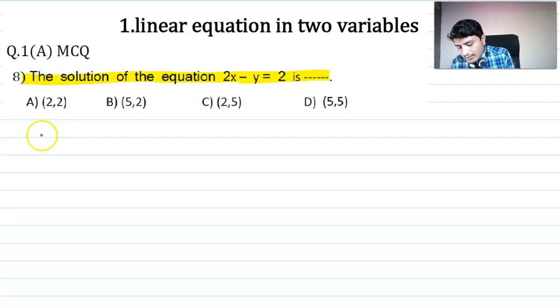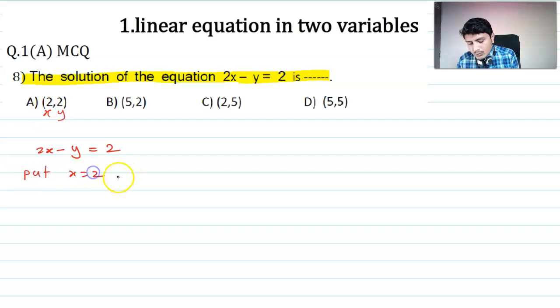So we have the equation 2x minus y equals 2. Now look at choice code A. We have x is 2 and y is 2. Let us put x equals 2 and y equals 2 in the LHS of the given equation, which is 2x minus y.